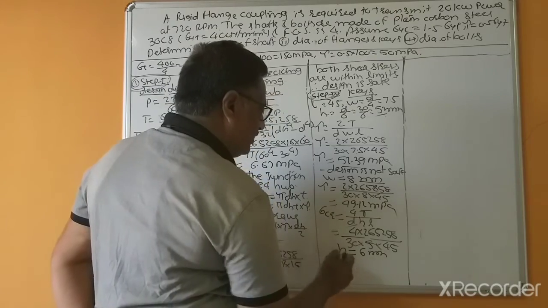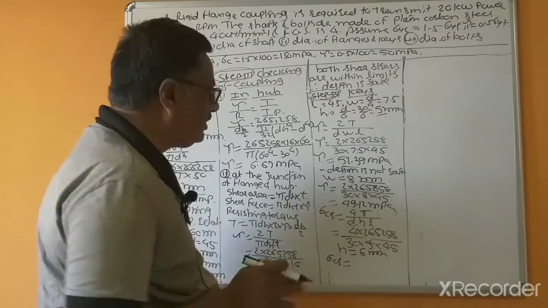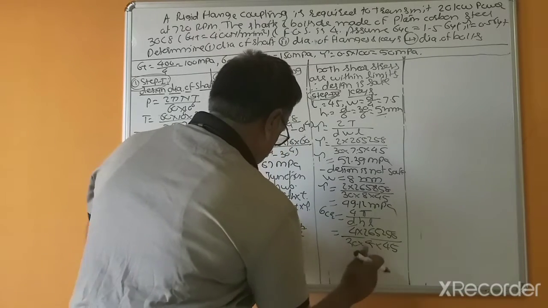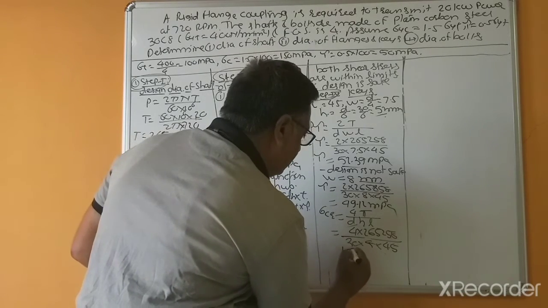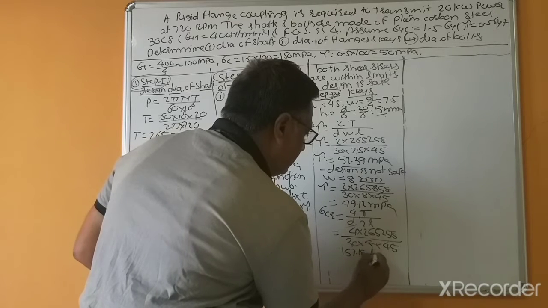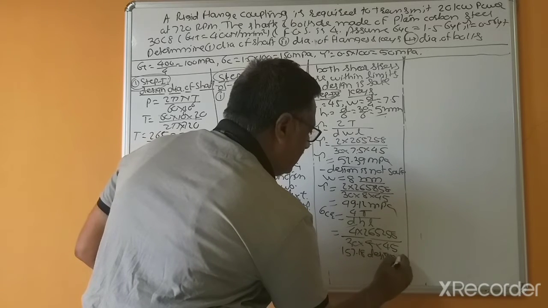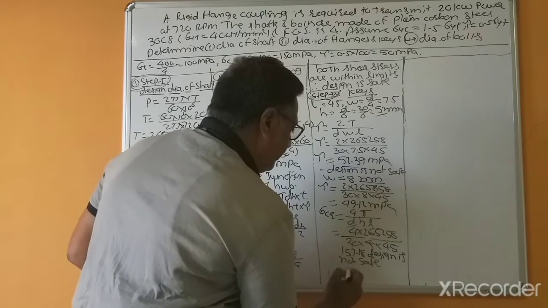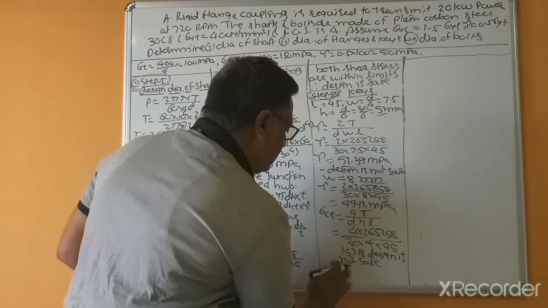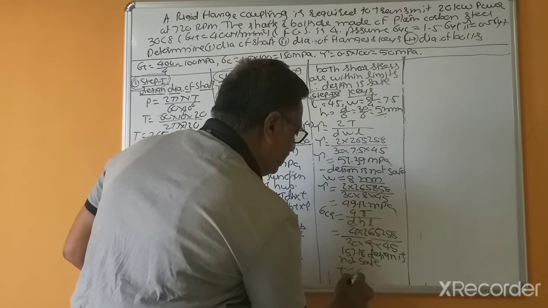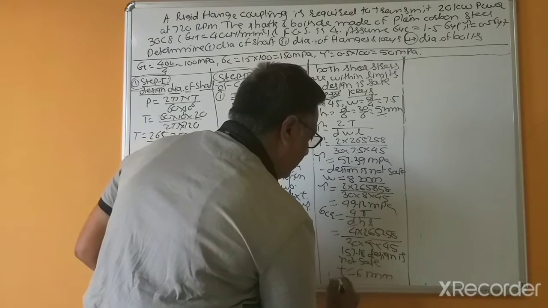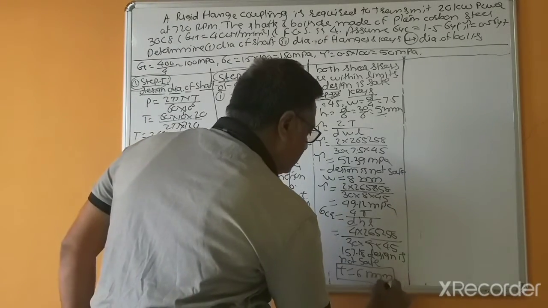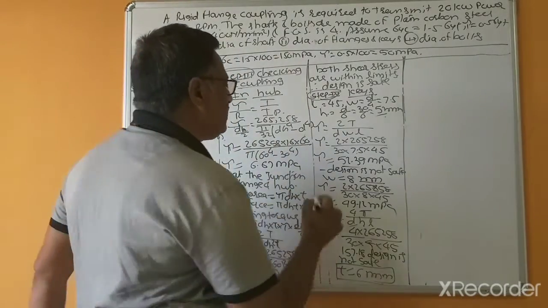Now crushing stress equal to, because here design is not safe, and this is 157.18. Here design is not safe. That's why we increase T equal to 6 mm, because this is slightly increased. So T equal to 6 mm means definitely you will get design is safe.